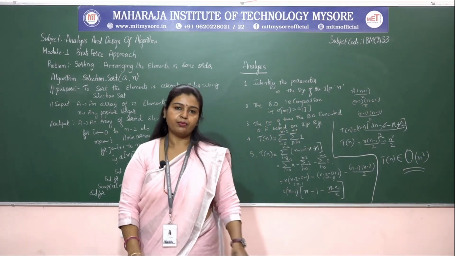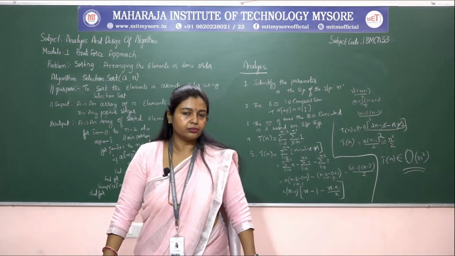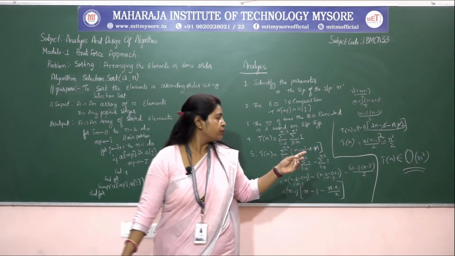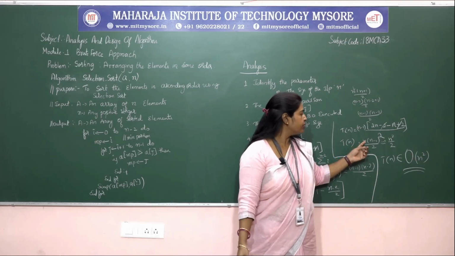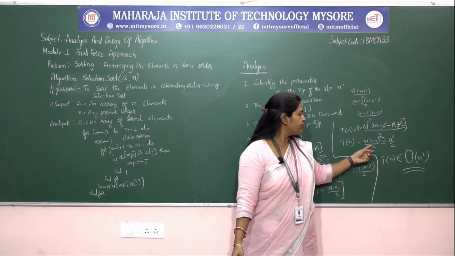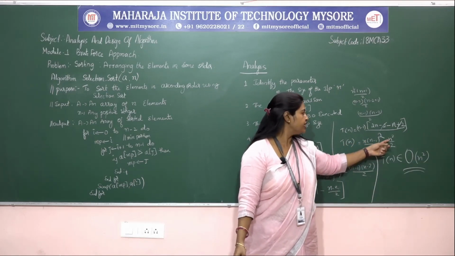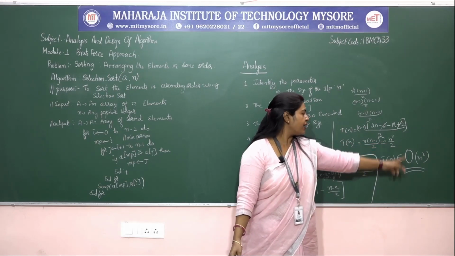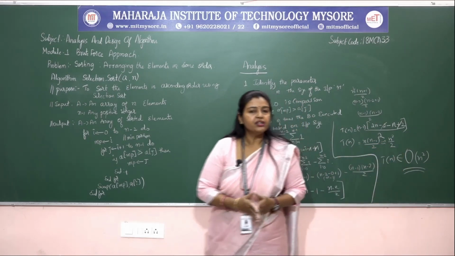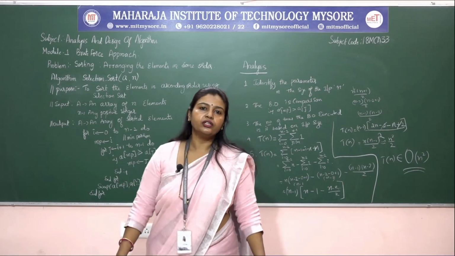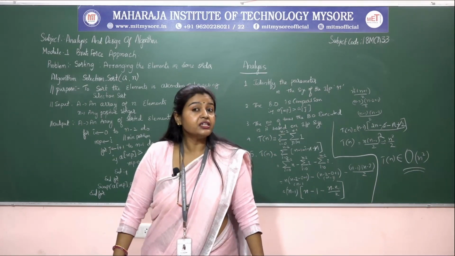So this is the time efficiency of your algorithm. What is the time efficiency? The number of times the basic operation is executed. This is nothing but n into n minus 1 divided by 2, that is n square by 2 minus n by 2. But here we can neglect the lower order term, since we need to represent the order of growth of the algorithm.